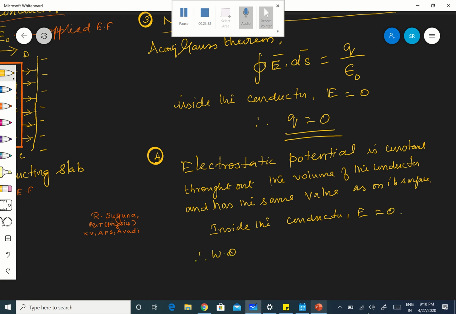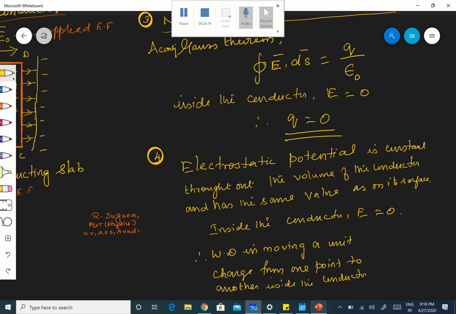Therefore, the work done in moving a unit charge from one point to another inside the conductor is E dot dr.